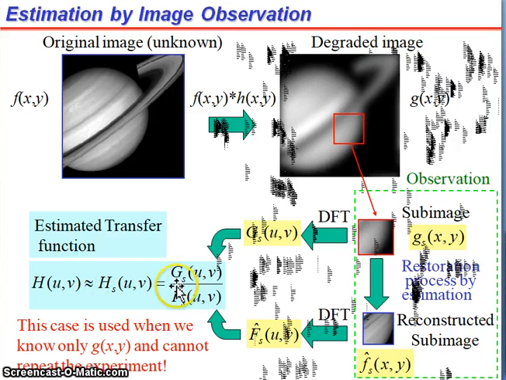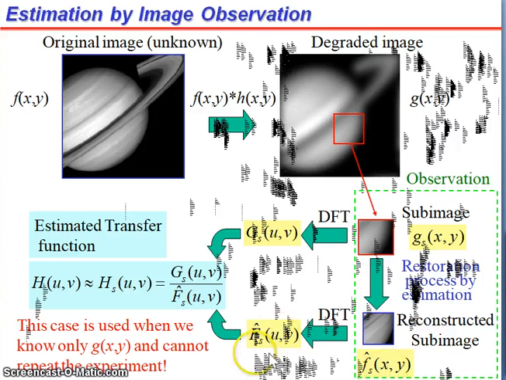So how can we estimate the degradation function h of u comma v? Take one image, take a small part of it, and improve that image using a certain technique, which is the restoration technique. That image is called fs cap of x comma y.